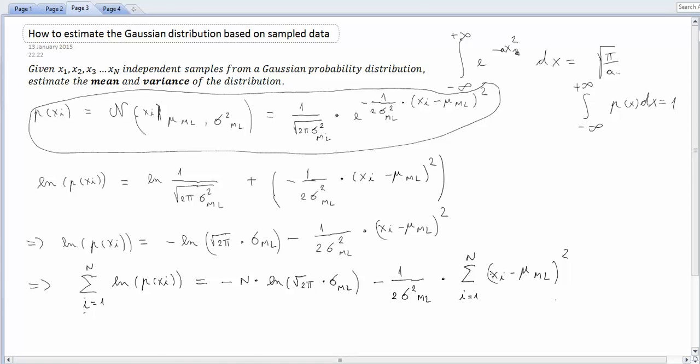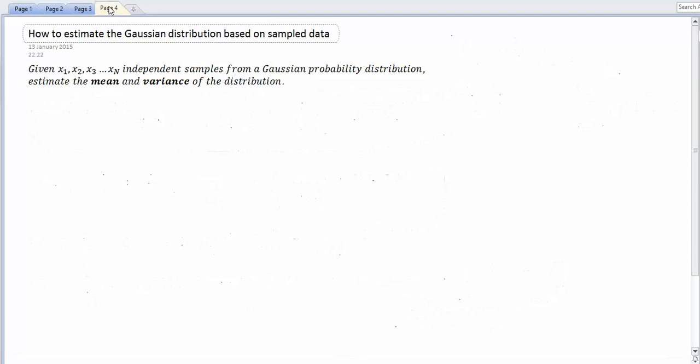So it all comes down to maximizing this function, therefore I need to minimize this function multiplied by -1. So we'll do this on the next page.